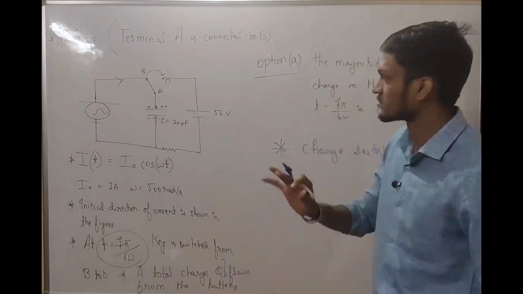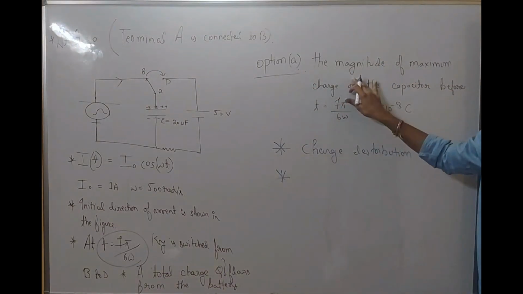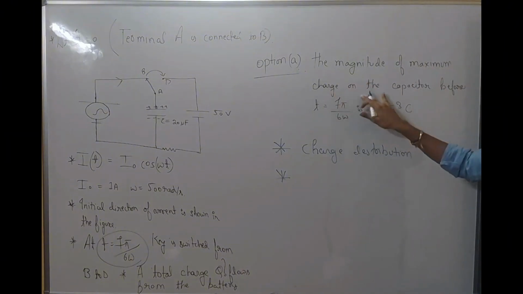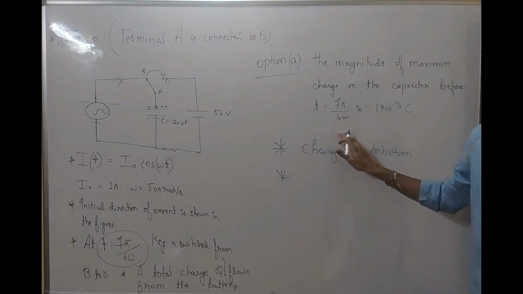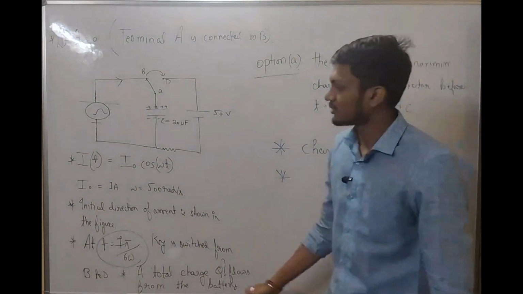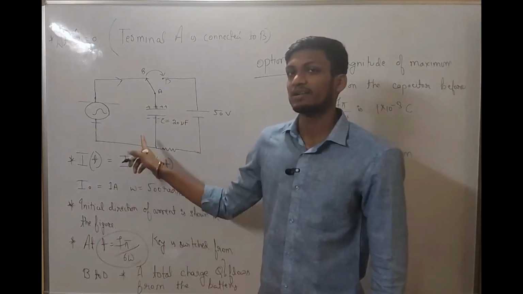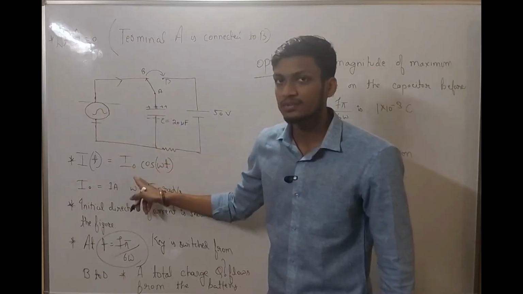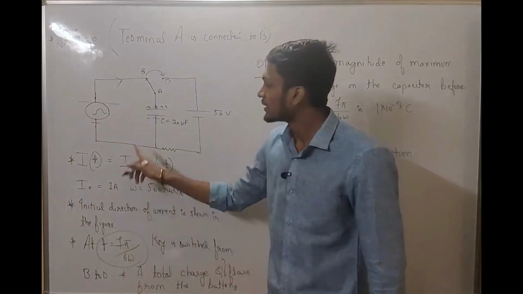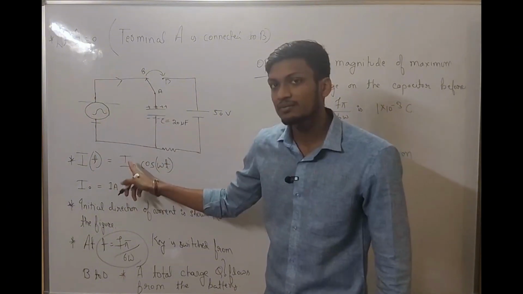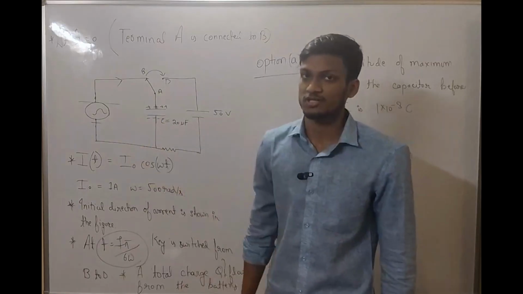So the first option that was given to us was to find the magnitude of maximum charge on the capacitor before t equals 7 pi by 6 omega. Before t equals 7 pi by 6 omega, the capacitor was connected to this circuit, due to which it might have been getting charged.